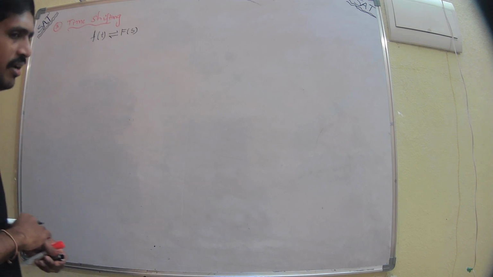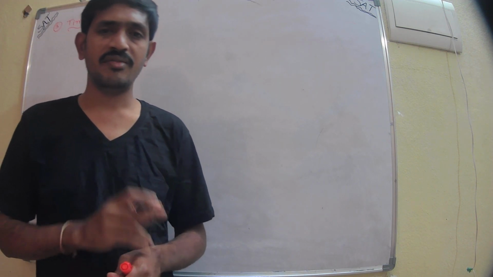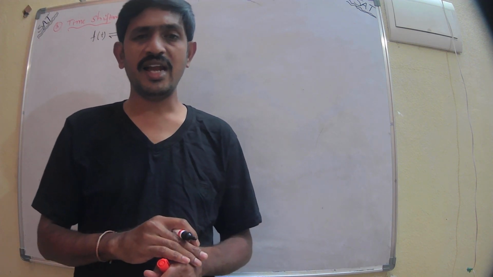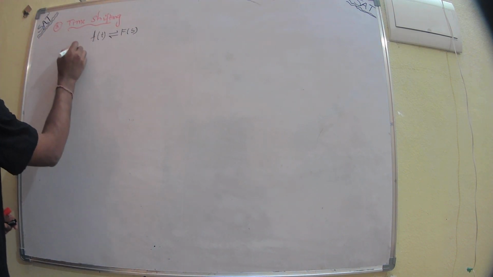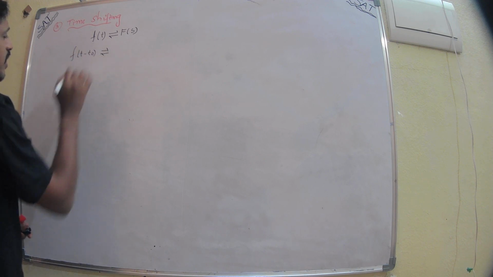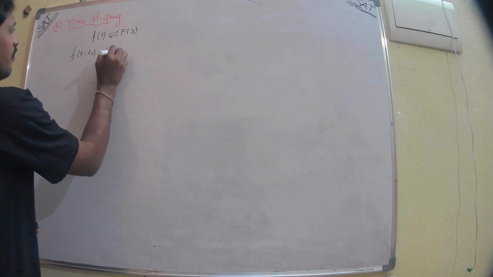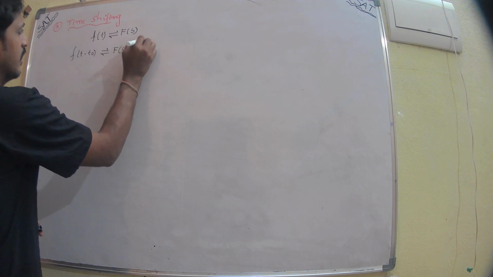So I can perform the shifting in two ways. First one is right shifting and second one is left shifting. So I can write this f of t minus t naught, which will give the Laplace transform F of s multiplied with e power minus s t naught.